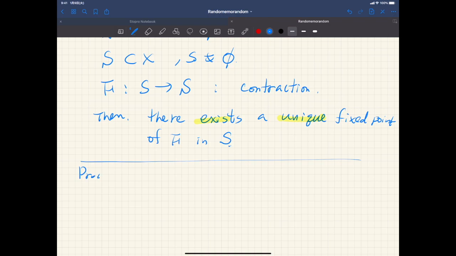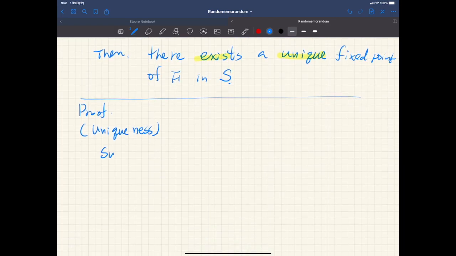First, we prove uniqueness. So to prove uniqueness, suppose x and x prime in S are both fixed points of f.